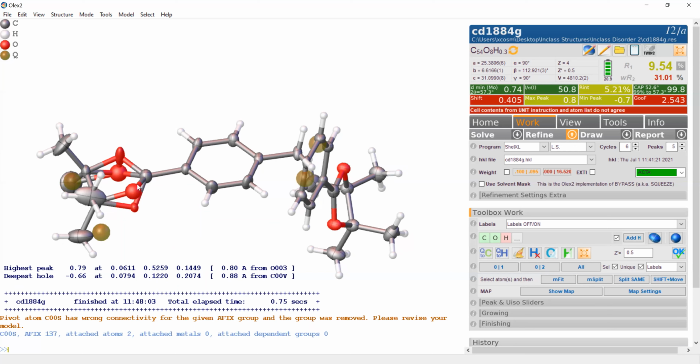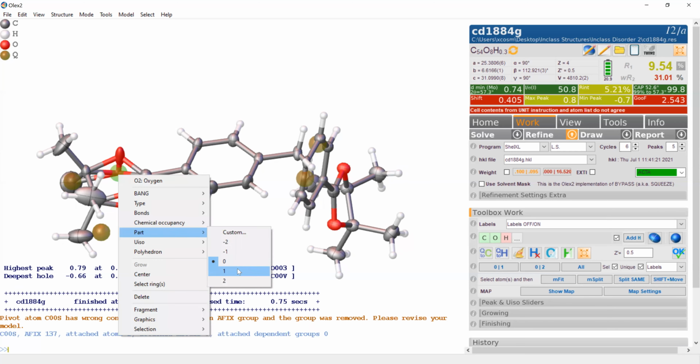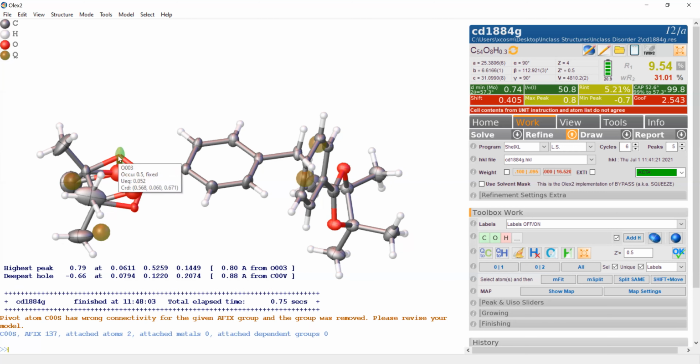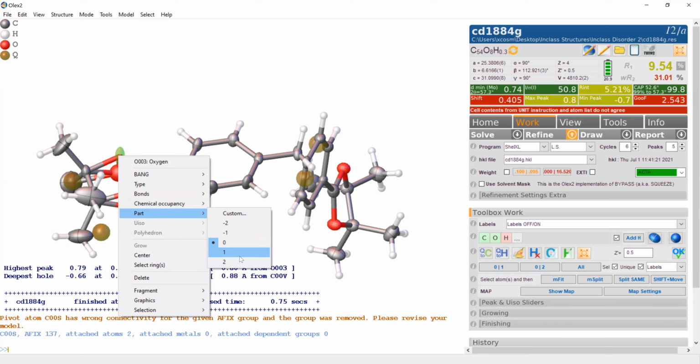Now notice that the one that's sphere we labeled as part 1, so this one we're going to label as part 1. And then the one that's the thermal ellipsoid we're going to label as part 2.